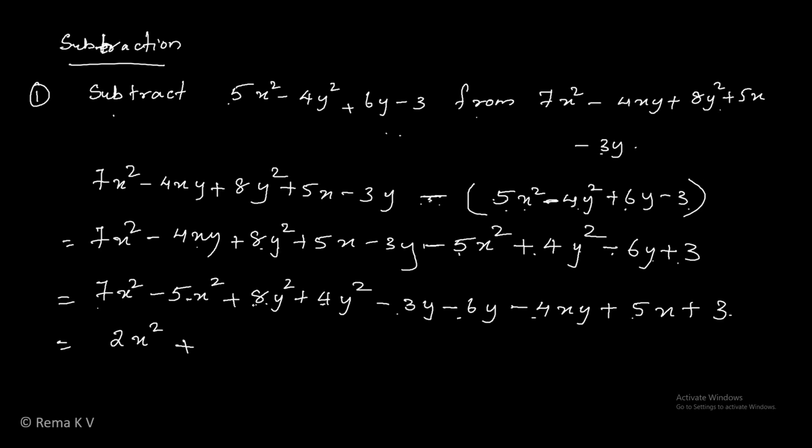Then plus 8y square plus 4y square is 12y square. Then minus 3y minus 6y.